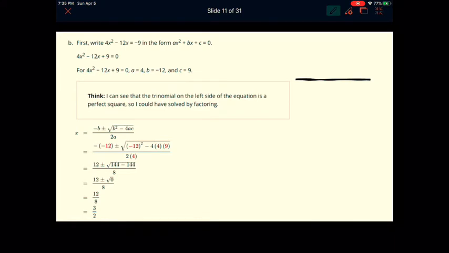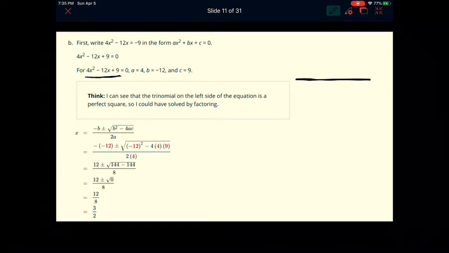B, again, thinking about it, I can see that the trinomial on the left side of the equation, oh, something else to think about. When you look at this, it is a perfect square trinomial. So if you recognize that, you already know there's going to be one answer.